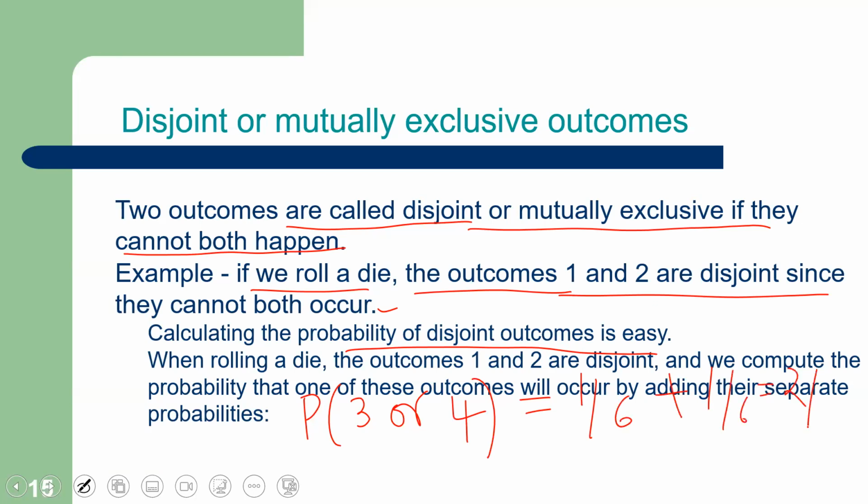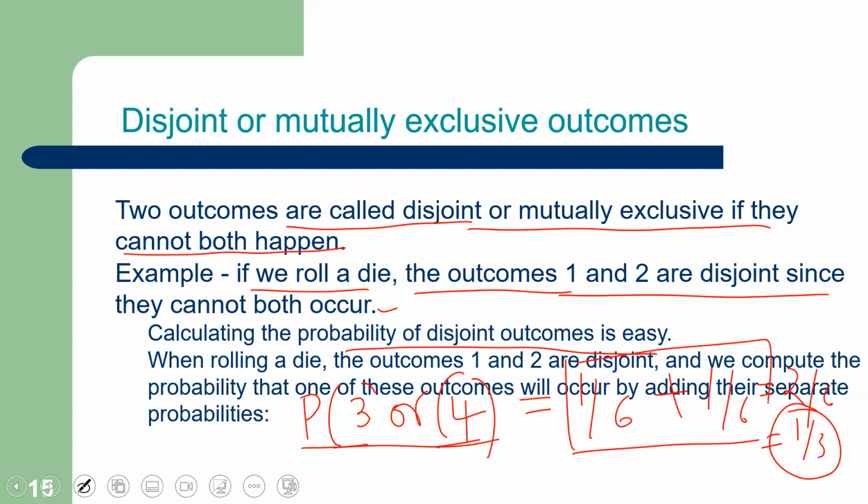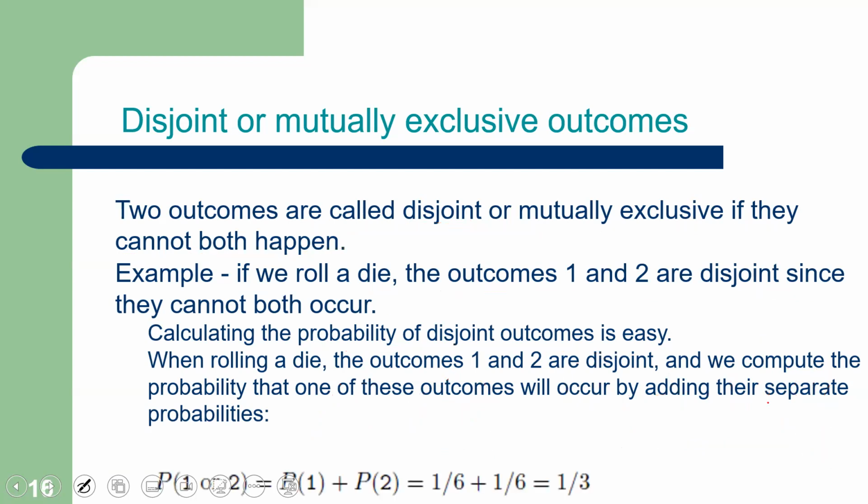So it will be 2 by 6, which is 1 by 3. That is the probability. I'm purely calculating for 3 and purely for 4. Since they are disjoint outcomes, I can add them together to get the total probability. That's what we can do with mutually exclusive outcomes or disjoint events.